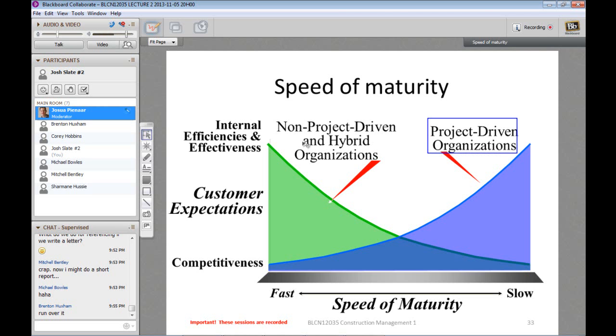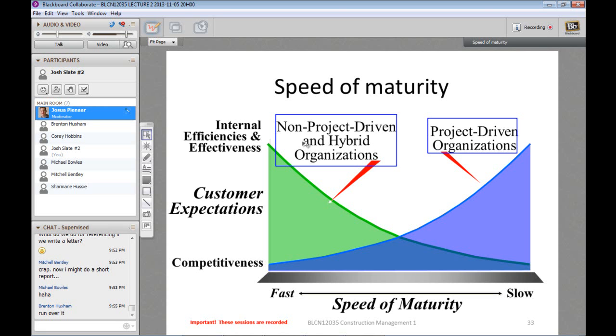So when we look at these project-driven organizations, you can see there's a difference between the speed of maturity, the competitiveness, and of course the internal efficiencies and effectiveness, as opposed to our traditional organizations. The non-project driven organizations have a different mindset. They look at things differently, so their internal efficiencies are a little bit higher because they have to, otherwise they won't survive, while our project-driven organizations are more aligned with our project outcomes.